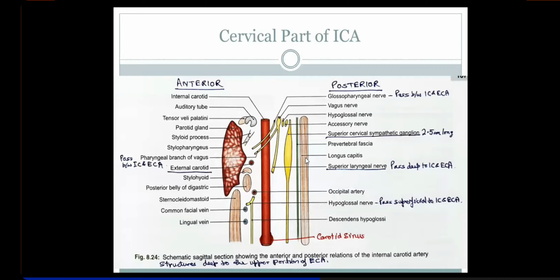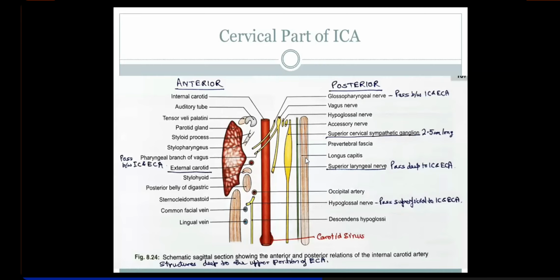Actually, remember when I was teaching prevertebral muscles, longus capitis is superficially related, because it covers the upper portion of longus cervicis or longus colli as well as rectus capitis anterior.